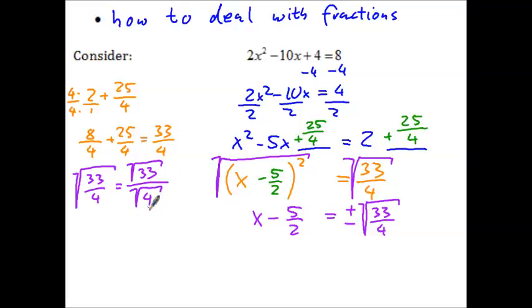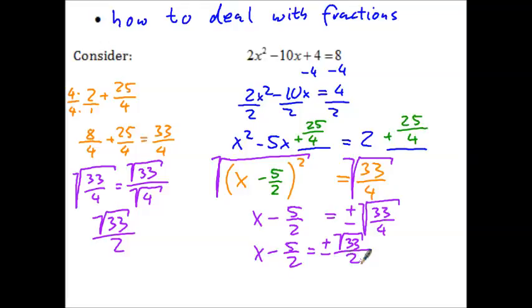And that's a good thing because we can simplify at least our denominator. We cannot do anything to the numerator, but we can simplify at least our denominator because, as we know, the square root of 4 is 2. Which means that x minus 5/2 is equal to plus or minus the square root of 33 divided by 2.